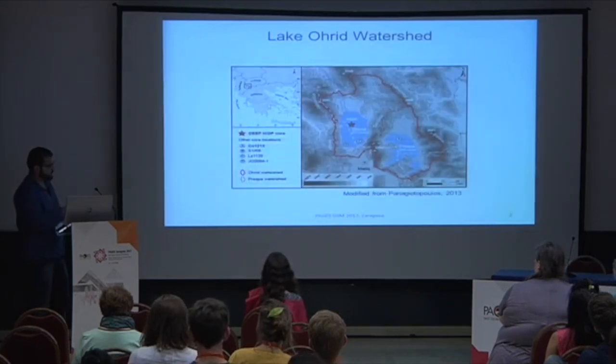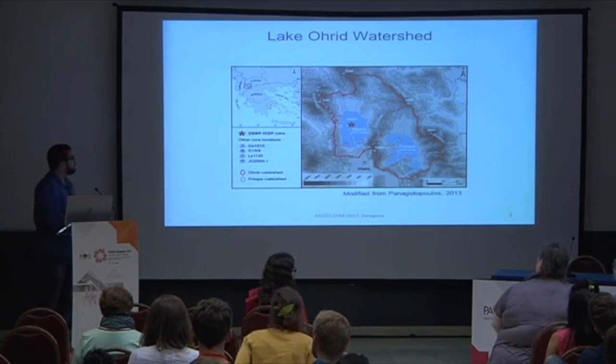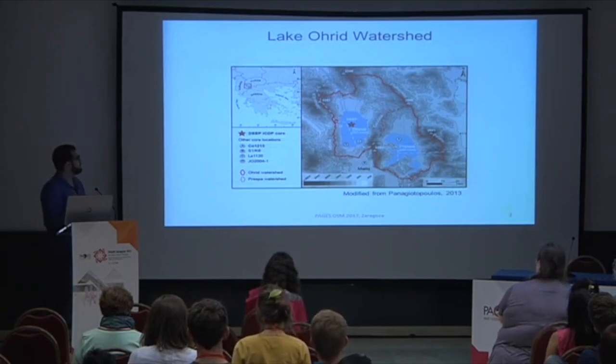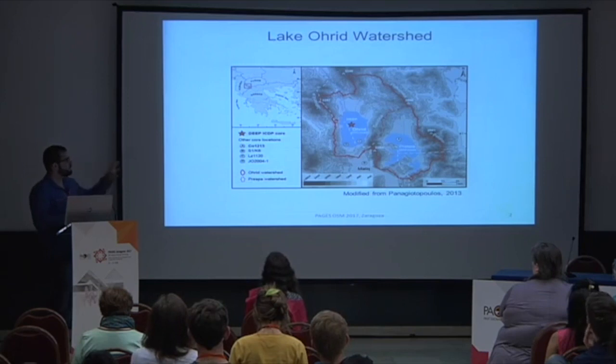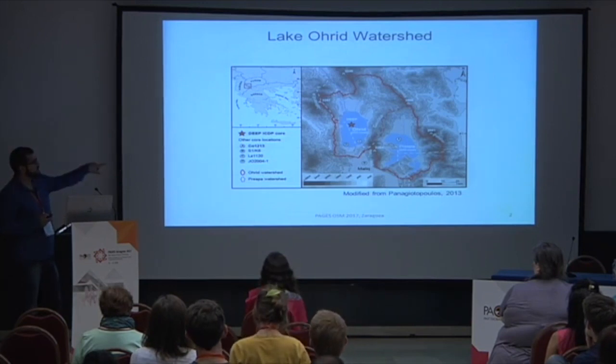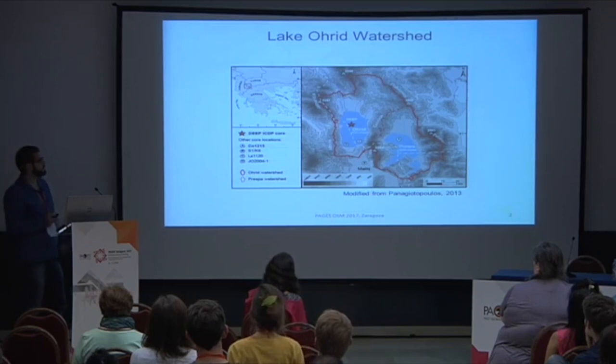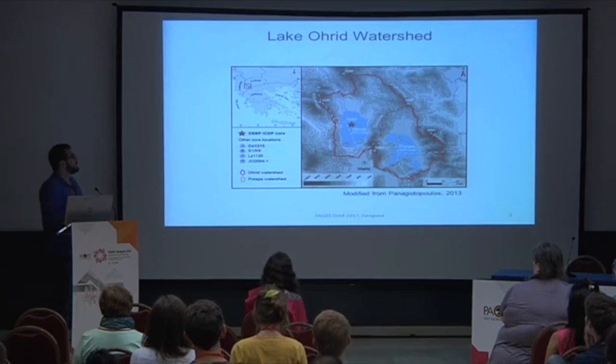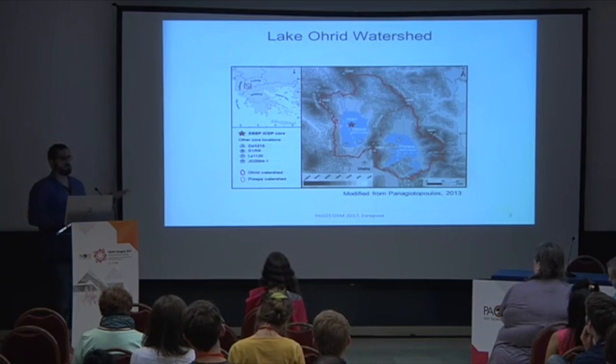So let me go directly to the study area. In case you're not familiar with the region, we are in the southwestern Balkans, and the Lake Ohrid catchment also comprises the Lake Prespa catchment, which is about 150 meters higher. Lake Ohrid is located at 690 meters above sea level, and the catchments are surrounded by mountain peaks above 2,000 meters.